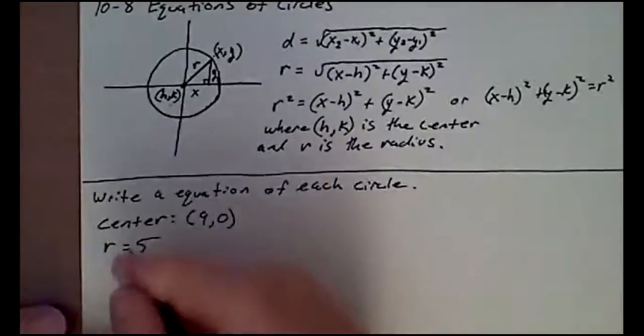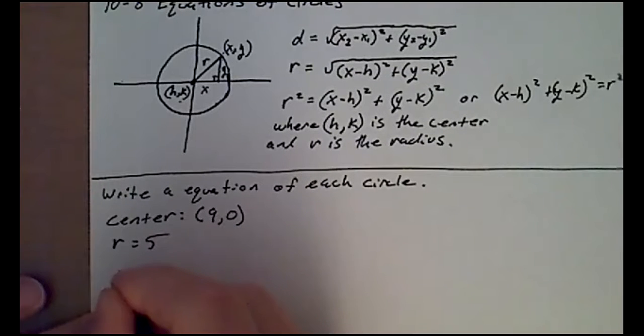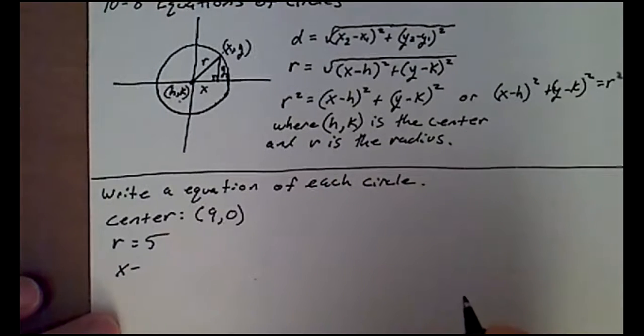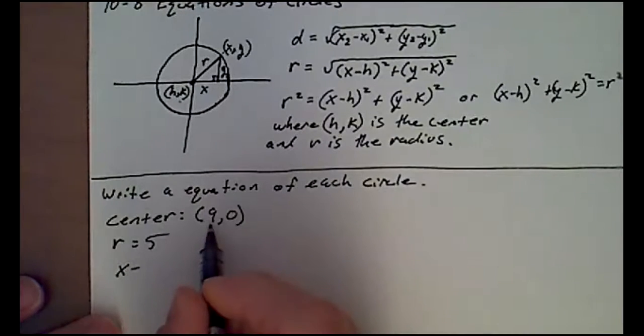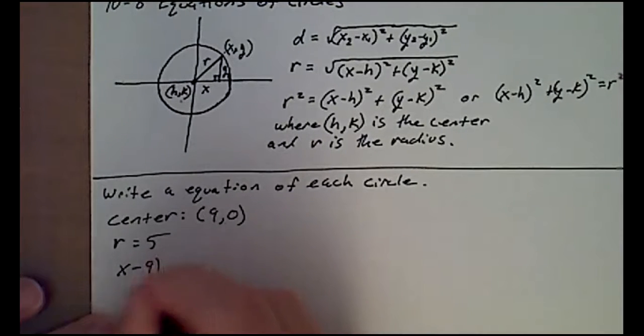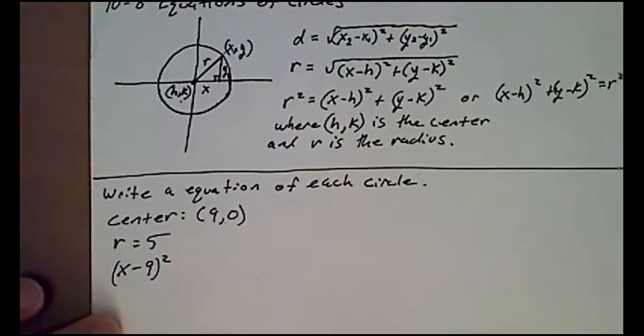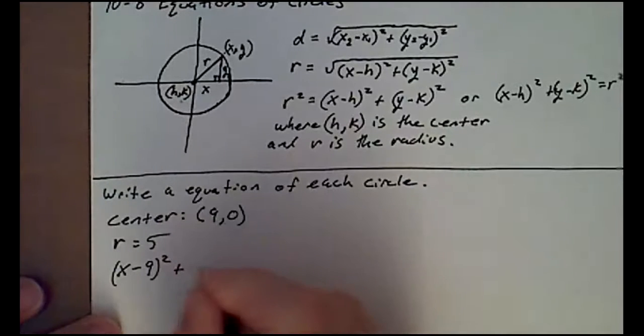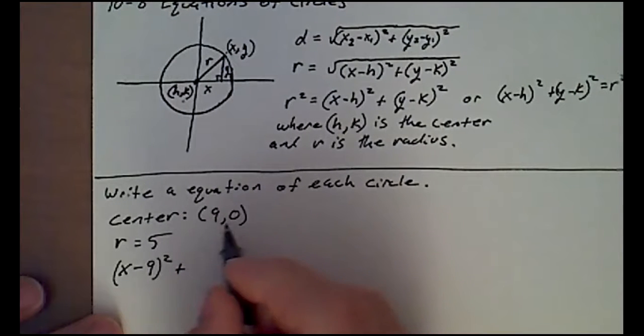So here, the equation is simply x minus h. h is the x value of the center, which is 9. Plus y minus k. Well, k is 0.